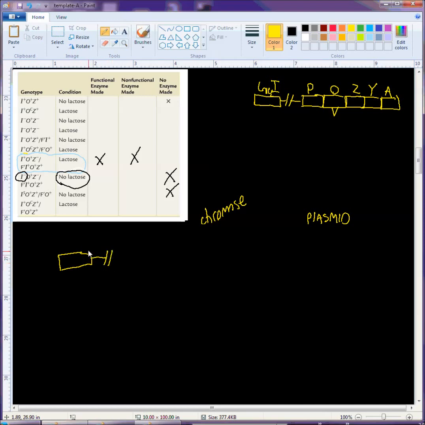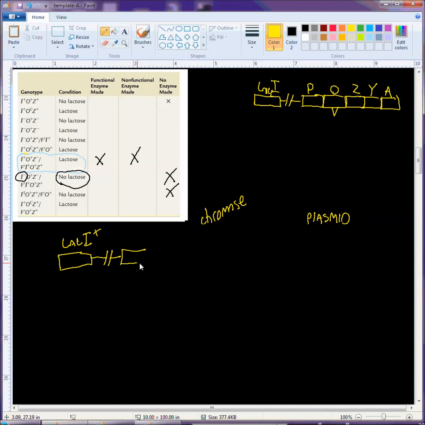Remember, the lac I is not part of the operon, so I'm indicating that with a little hash mark here. So hash mark or hatch mark? I'm not really sure how to describe that. Lac I plus. Okay, good.